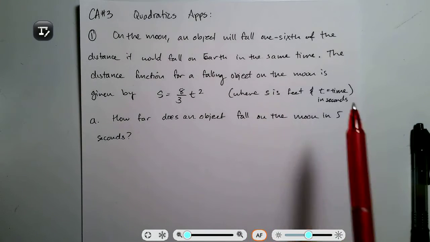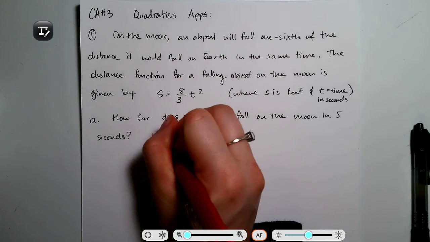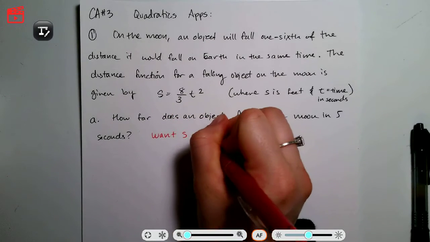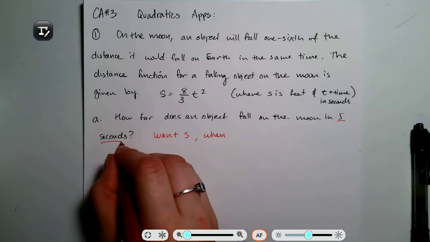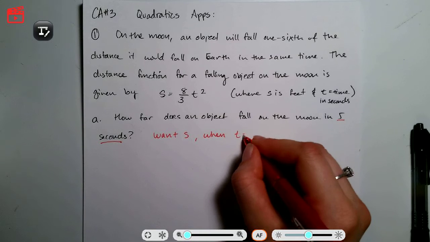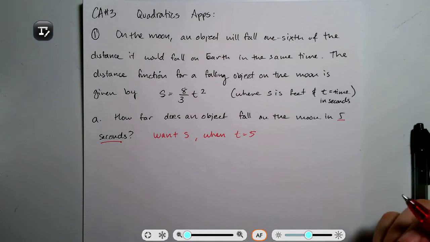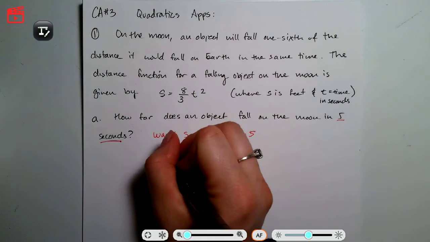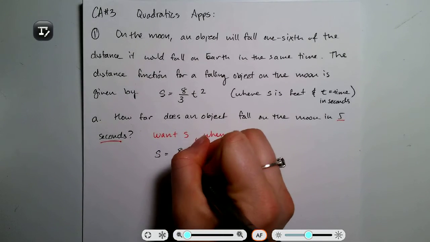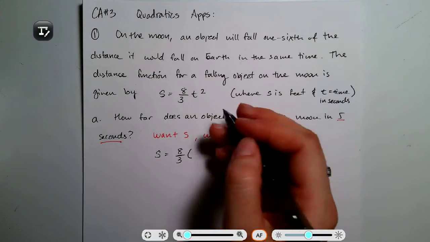So we're looking for s. What do we know? We have 5 seconds. So that's my time, t. So when t equals 5. We're going to use our equation as a function. So we want to know s when t is 5.